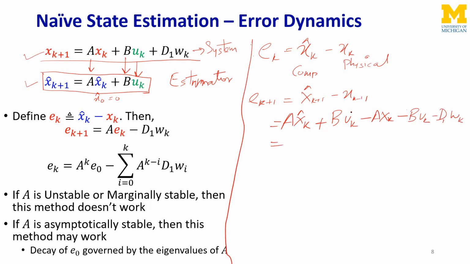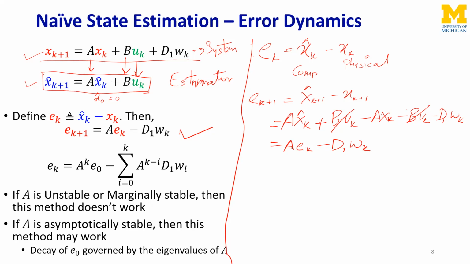So this gives me, so I can cancel out the Buks. I can collect the A from the first and third term, so that gives me x hat k minus xk, which is just ek. Okay, so that's Aek, and then I have D1wk. Okay, that's exactly what I have here, so I was right. So the error actually satisfies this equation.